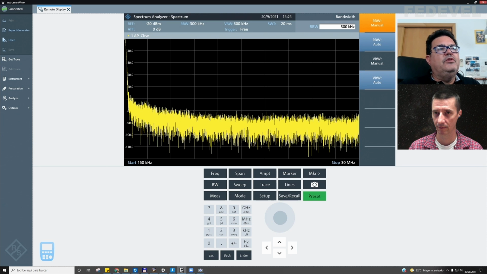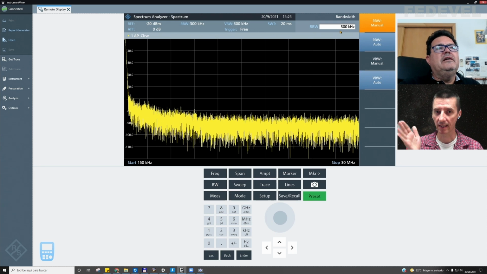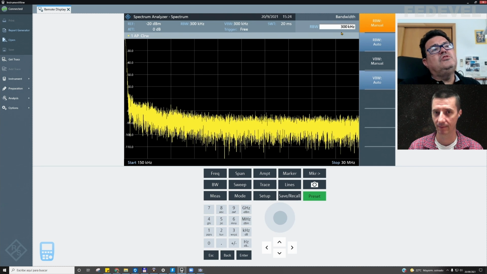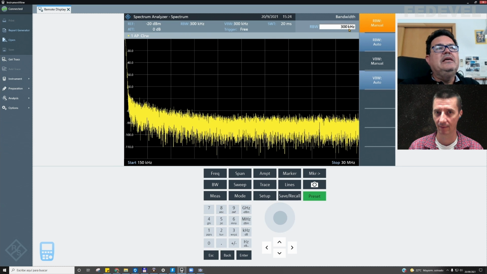For example, now the resolution bandwidth is 300 kilohertz. So this is basically how it is sampled? Yes, not sampled, but depending on the instrument, it is analog or digital.